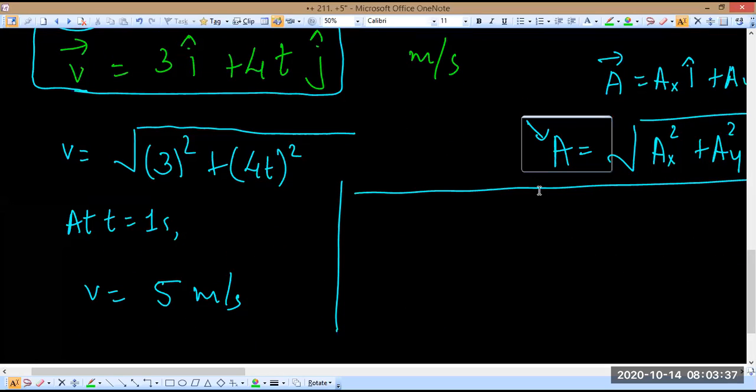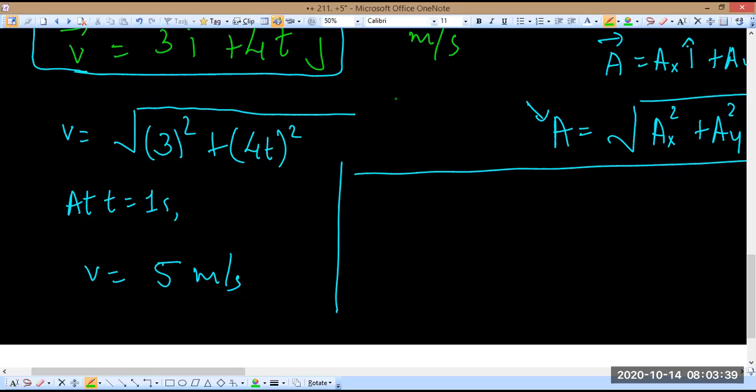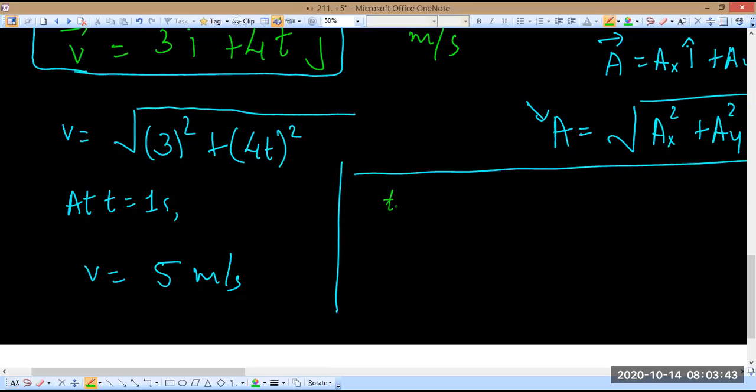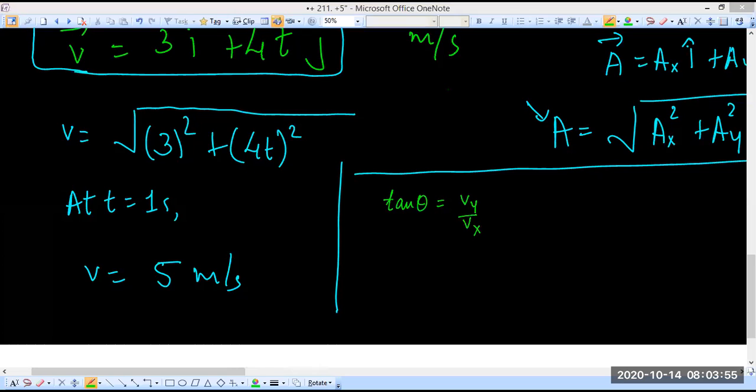Okay. So for direction, as I mentioned earlier, if you want to find the direction of a vector, you can do that by taking tan theta equal to Vy by Vx, right?